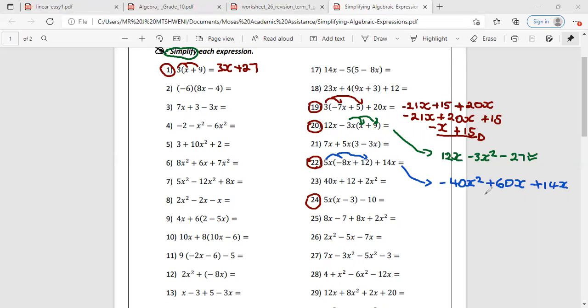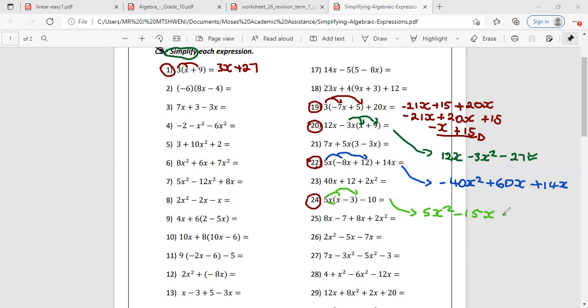You also don't continue here because you are just simplifying. Remember, you are simplifying, not factorizing. There's a thin line between factorizing and simplifying. Okay, I take this last one. 5x multiplied by this x, you get 5x squared. 5 multiplied by negative 3, you get negative 15x, because 5 contains the variable x.